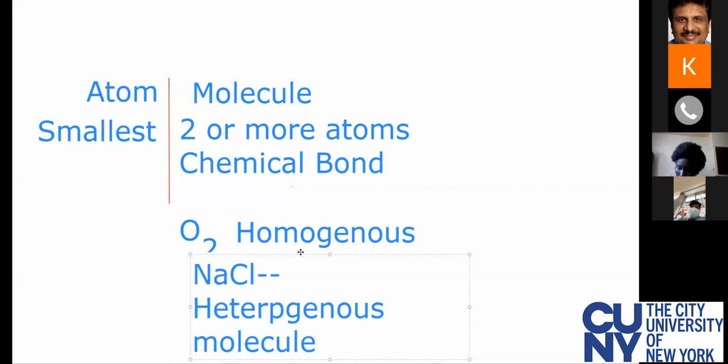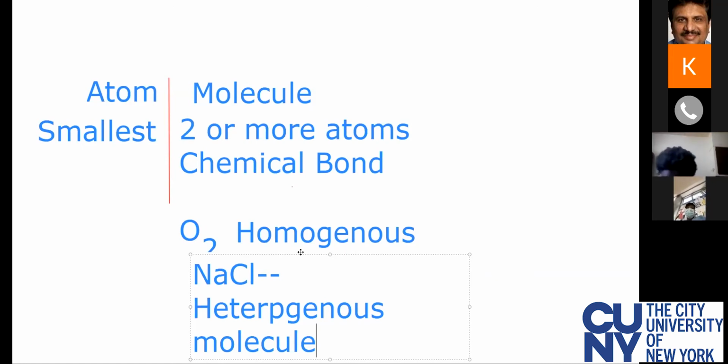A molecule is formed when two or more atoms enter into chemical bonding. Now, what does chemical bonding mean? Chemical bonding happens when two atoms come into proximity and they want to enter into an arrangement, a relationship. Why is this chemical bonding formed?